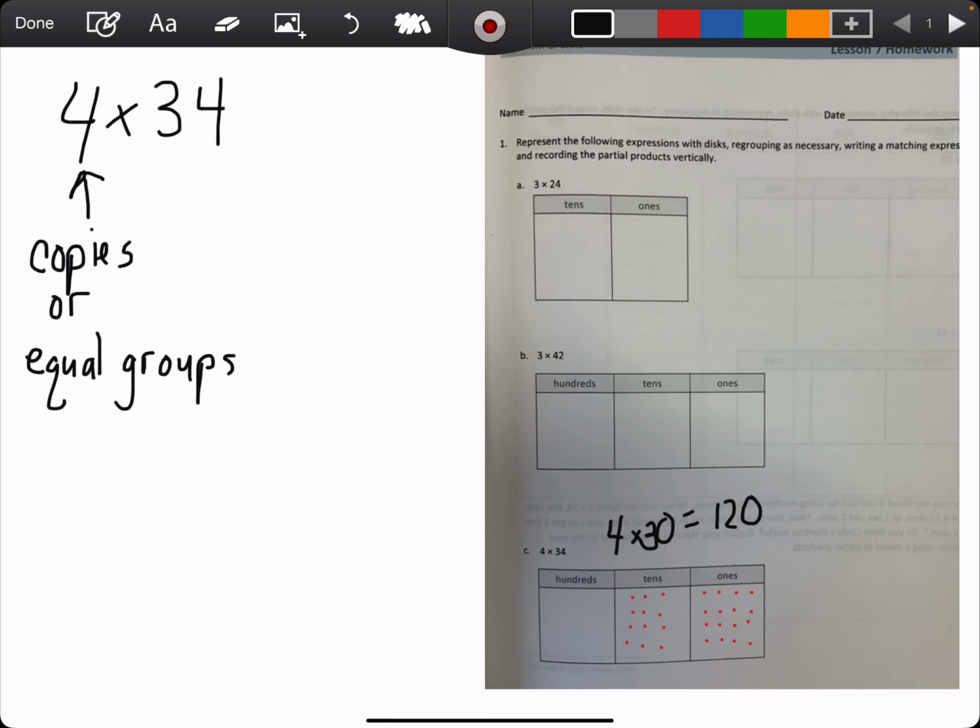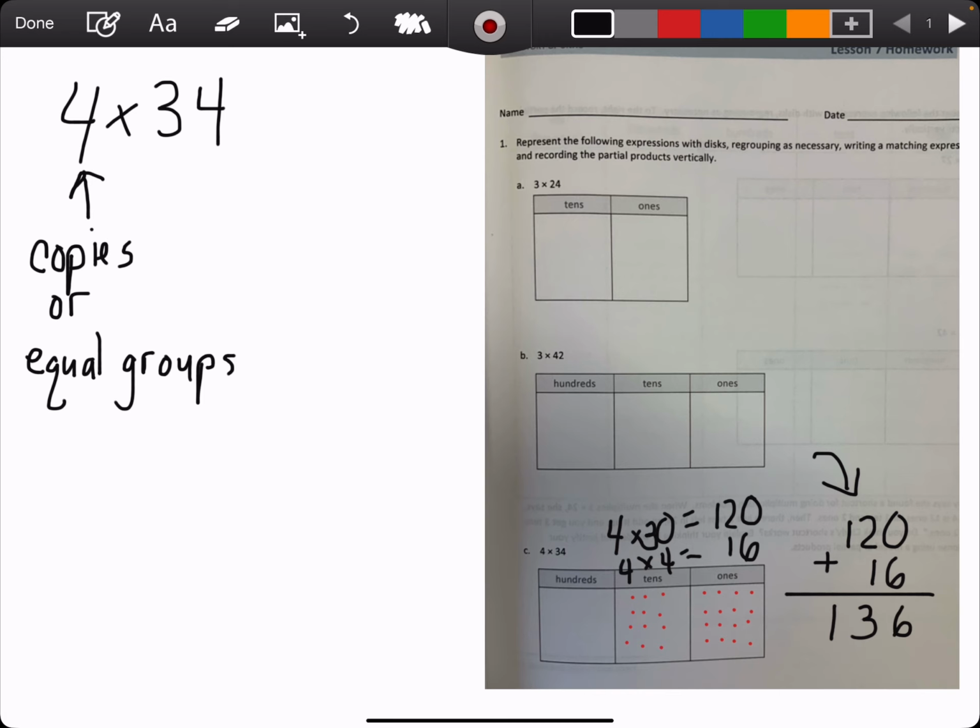Then in the ones, I did 4 times 4 ones. 4 times 4 equals 16, because I did 1, 2, 3, 4, 5, 6, 7, 8, 9, 10, 11, 12, 13, 14, 15, 16. So now that's what I have all together. So really, I have 120 plus 16. Make sure you're lining everything up correctly. And that is 136. So the value of my model here is 136.